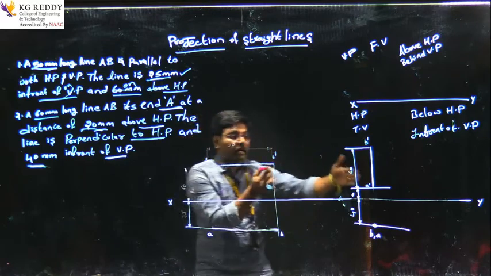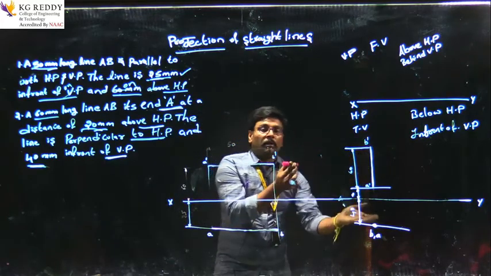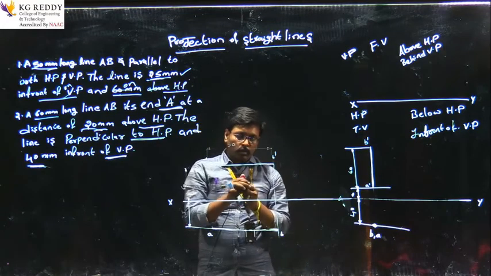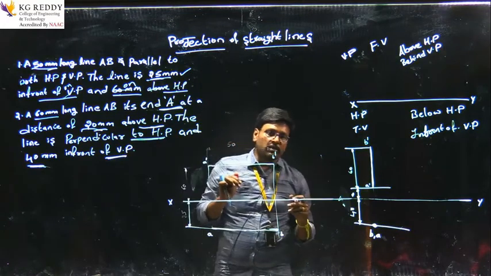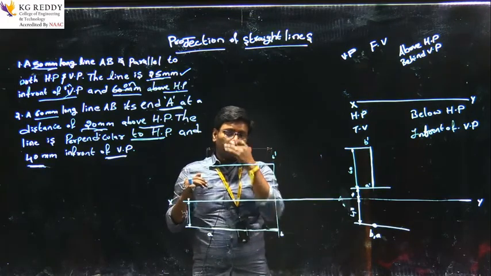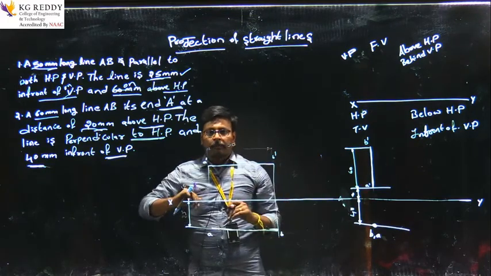So if we take the same dimensions, the diagram comes in a reverse way. That is one case. If you want to change the dimensions, we can make it another problem. Thank you.